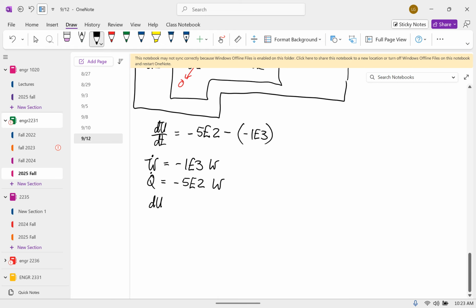So we get that dU/dt is equal to positive 5 times 10 to the second watts. Okay, so as time goes by, the internal energy is increasing at this rate.